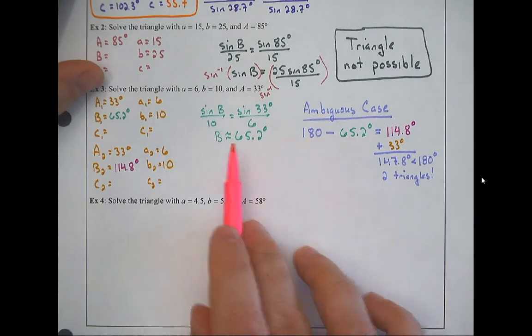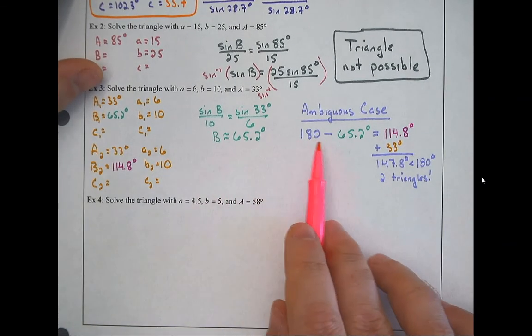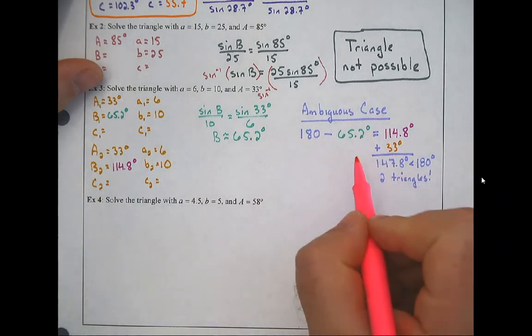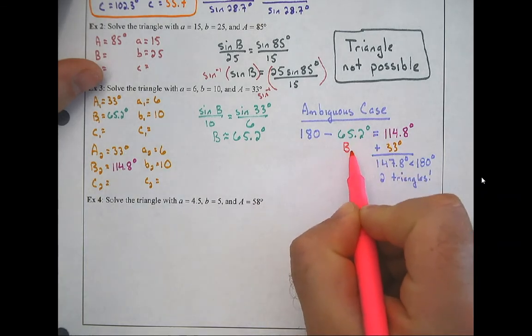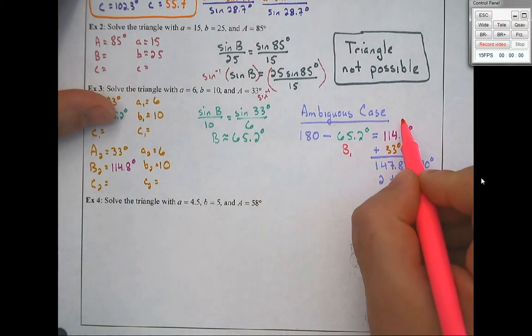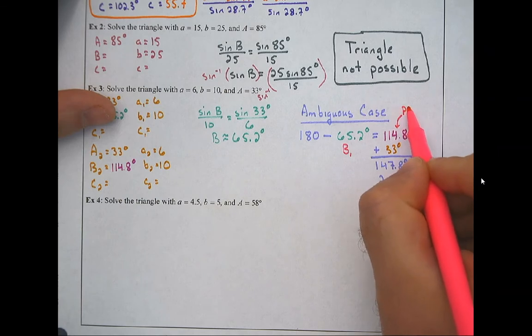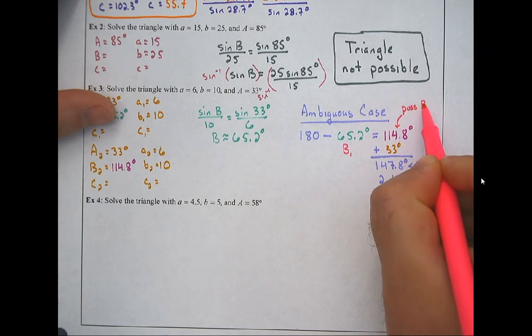So the ambiguous case, we find the first angle. We find B. Then it's 180 subtract that first B. I'm going to call that B1. That gives us a possible B2.